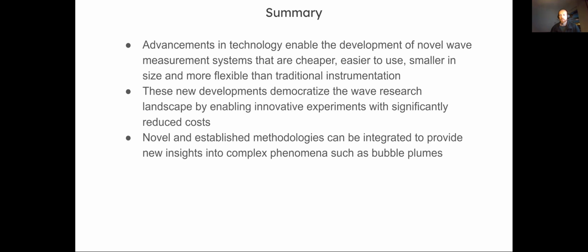But as far as I know, people haven't been able to use these kinds of buoy measurements together with, for example, stereo video cameras. So you're still lacking a picture of what's happening from above the surface.